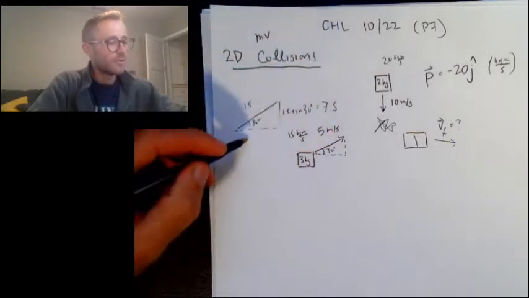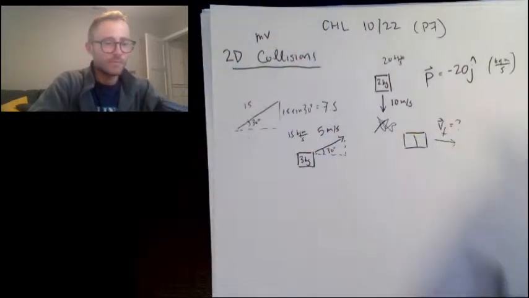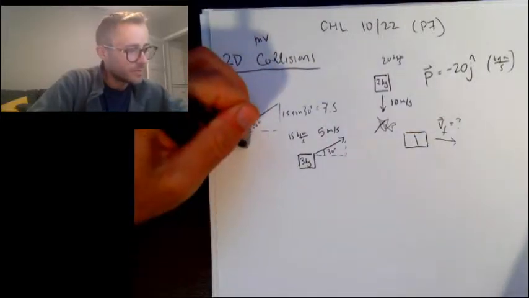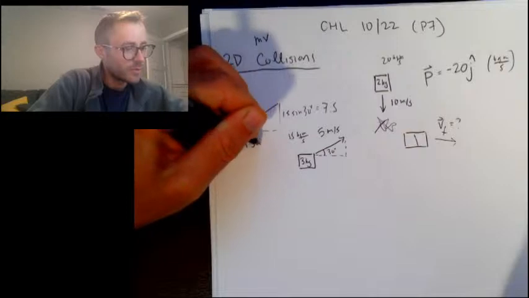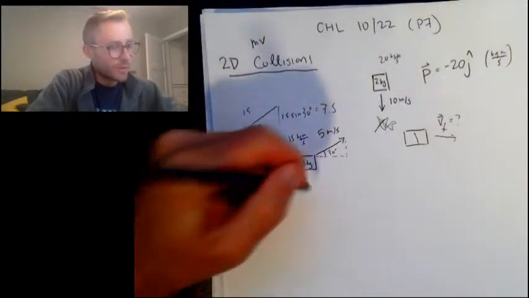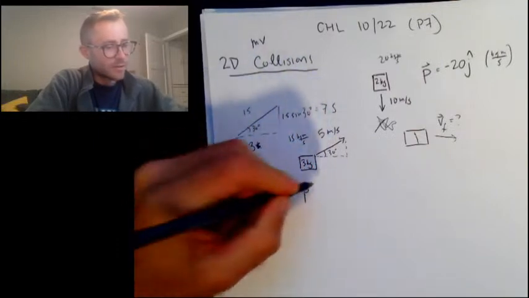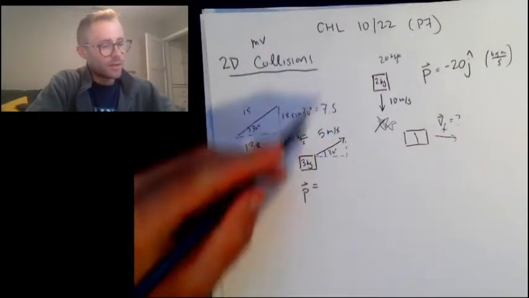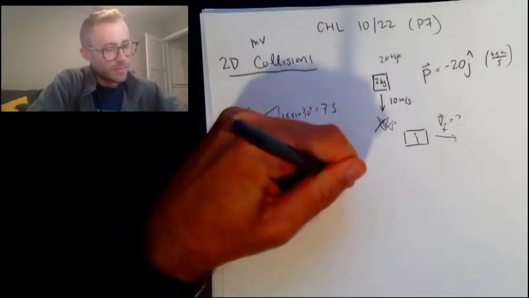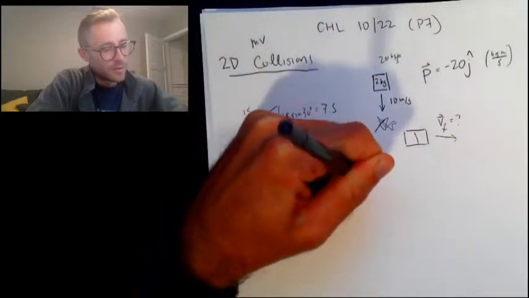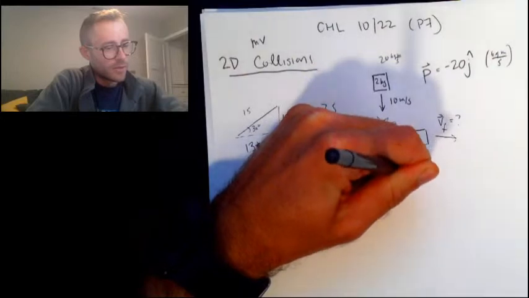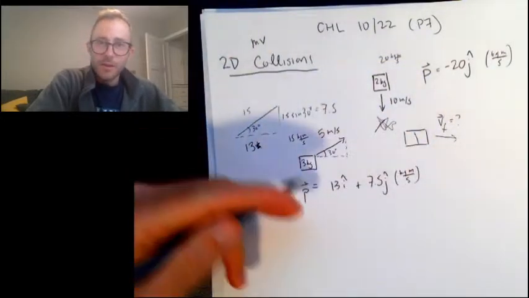And this one would be 15 cosine of 30, which is about 13 kilogram meters per second. Okay? So this particle's momentum is going upward at 7.5 and across at 13. So 13i plus 7.5j kilogram meters per second.